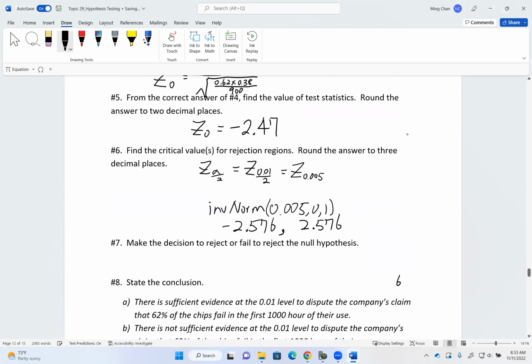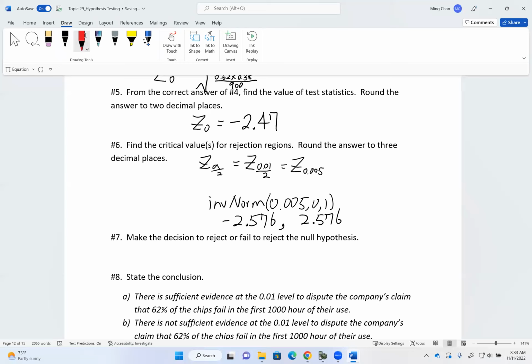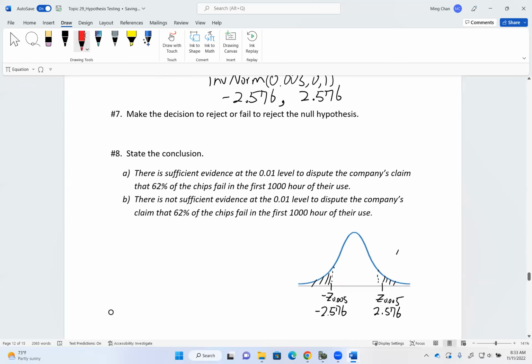So my test statistic, negative 2.47, is a little bit to the right. So you actually fall in here. It does not fall in the critical or rejection region.